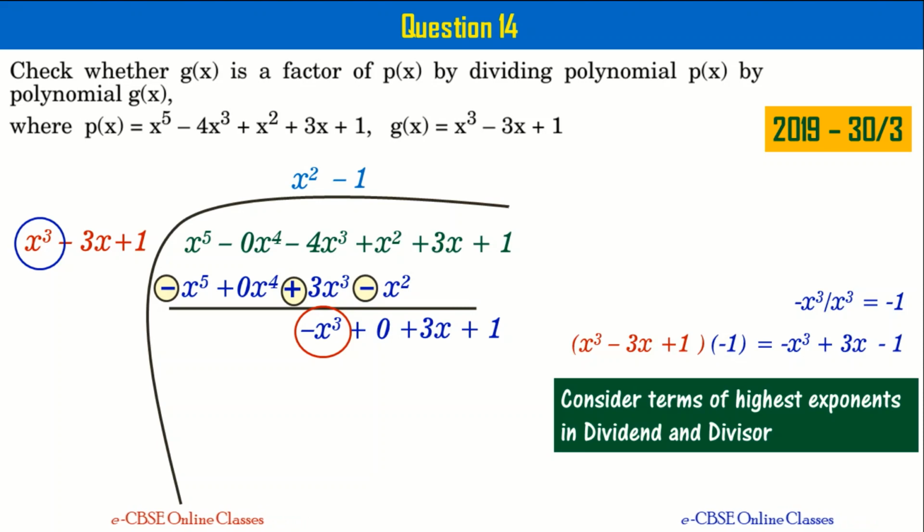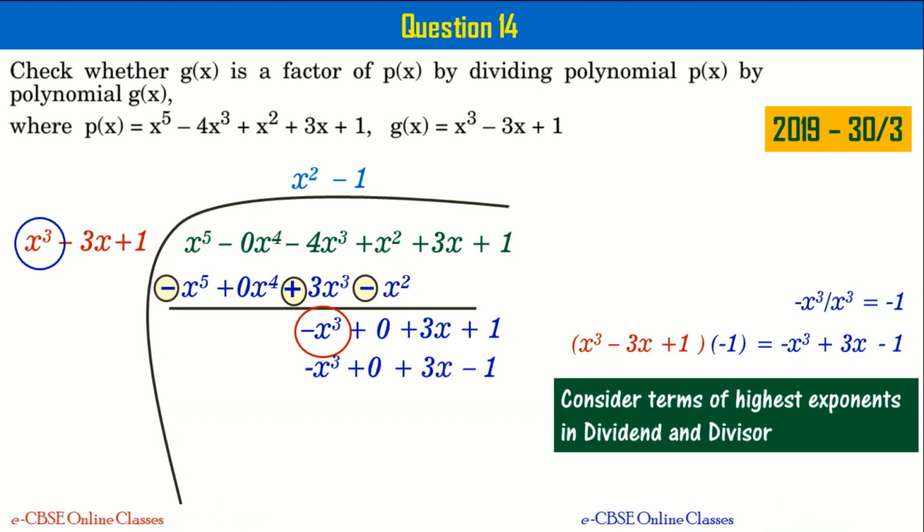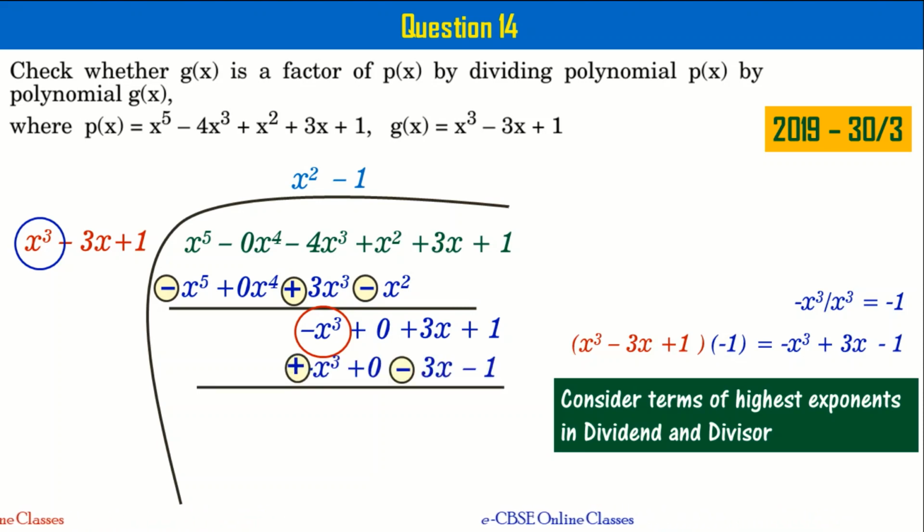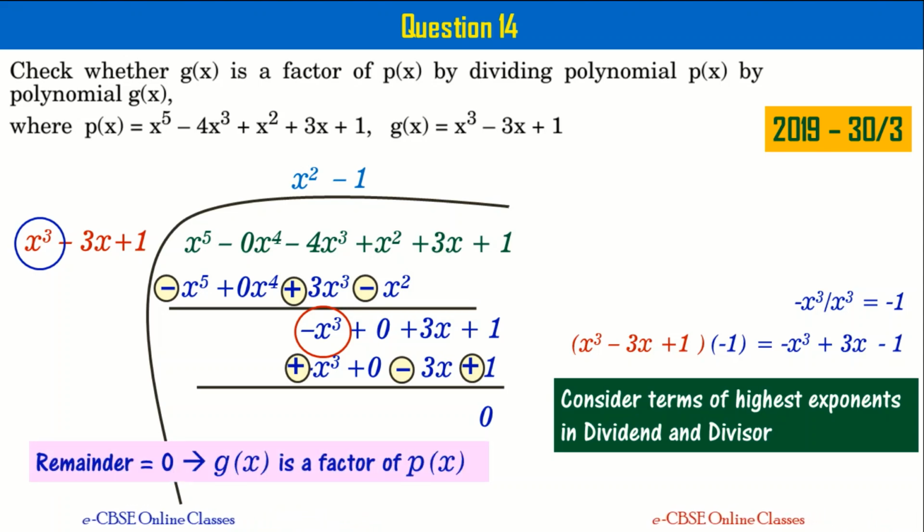Let me subtract this from the previous expression such that I get answer 0. It means the remainder is 0, right? Since remainder is 0, we can say that divisor g of x is a factor of dividend p of x. This is what we are asked to check, whether g of x is a factor of p of x or not, right? We say yes, g of x is a factor of p of x.